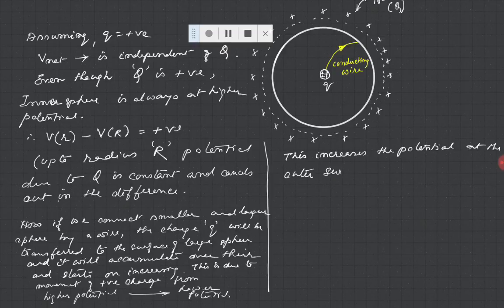So the potential increases at the outer sphere, and this is the principle of Van de Graaff generator.